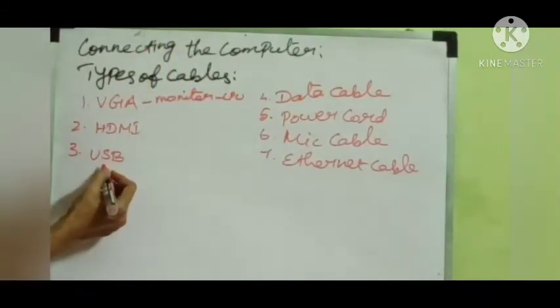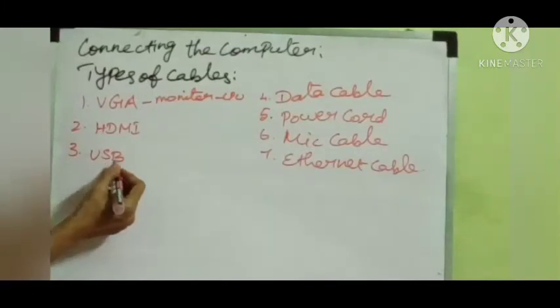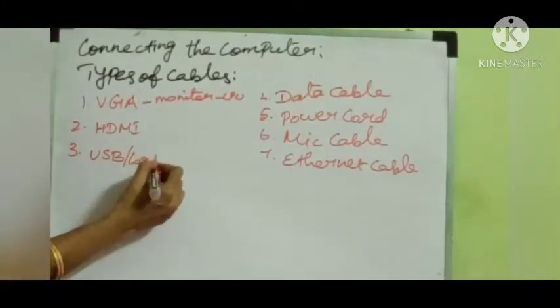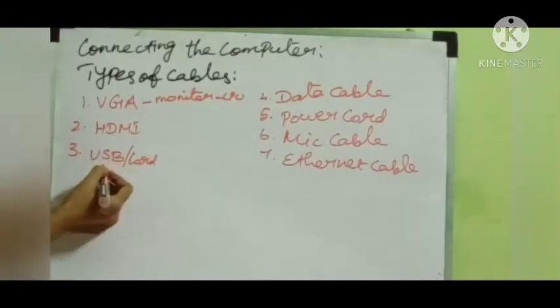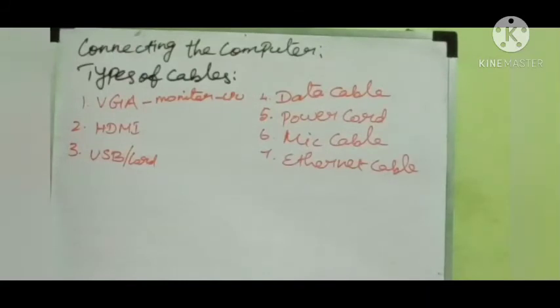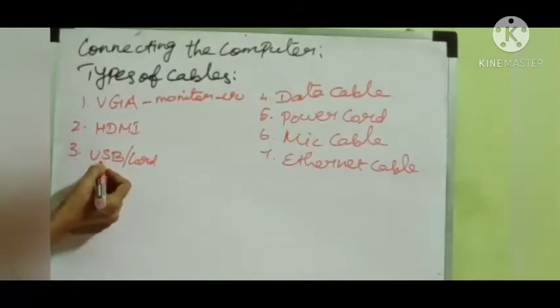Now this USB cable, or we can say this cord, and devices like printer, pen drive, scanner, mouse, keyboard, web camera and mobile phone devices are connected with the computer by using this USB cord. Children, most of the parts of the computer are connected by using the USB cord.